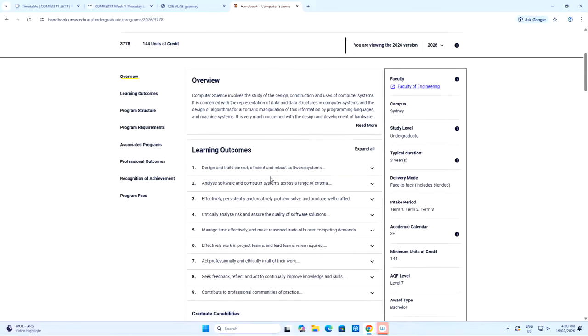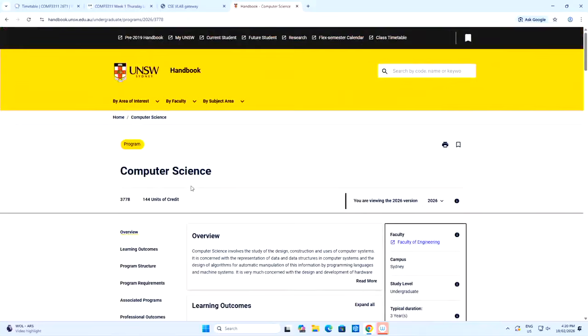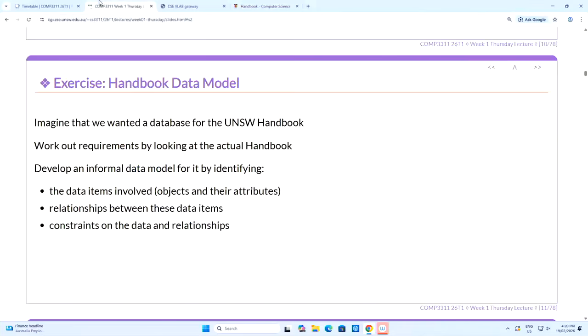So without looking at the back end, learning outcome could be a multi-valued attribute in a database. So without looking at the database, we wouldn't know, but from a design perspective, areas of interest, faculty, subject area, they're all legitimate entities to think of if we were to design the handbook from scratch. Okay, thank you for telling me that.